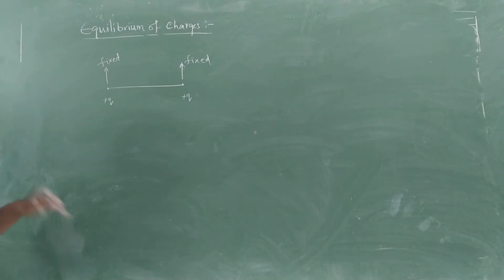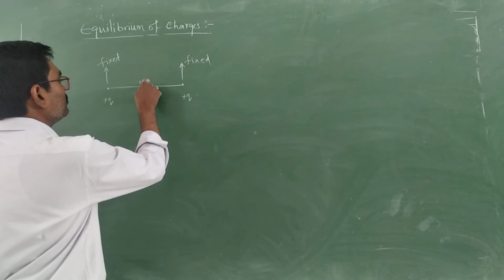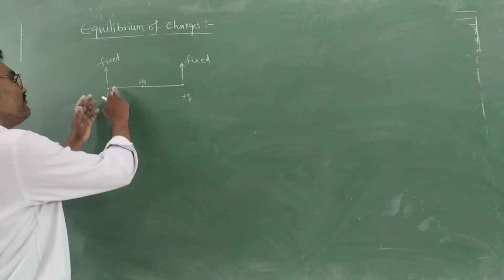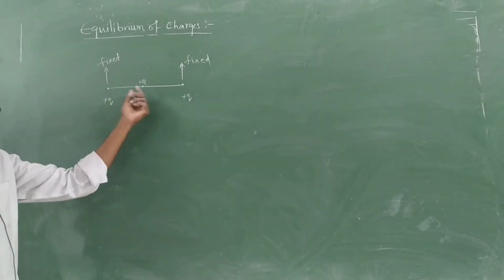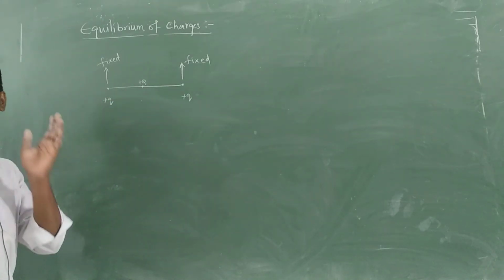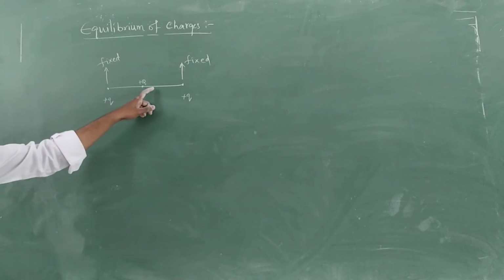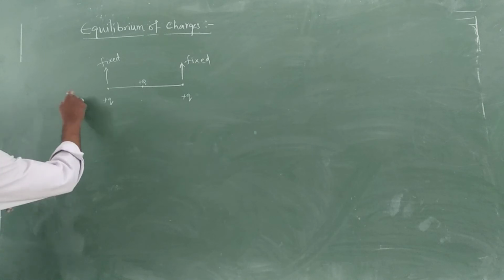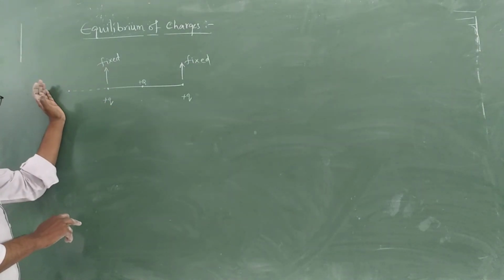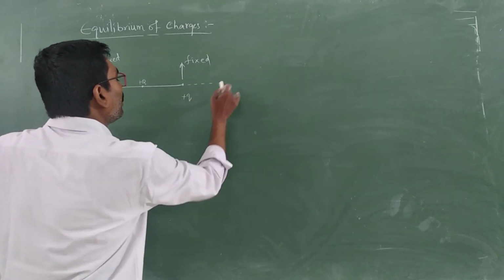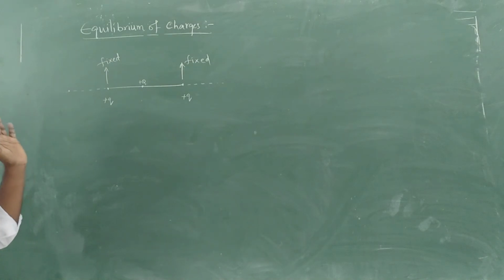Observe it, they are not moving. Now, I take a charge plus Q somewhere else in the system. I can place the charge at the center, outside on the left side, or outside on the right side. There are three positions you can consider.